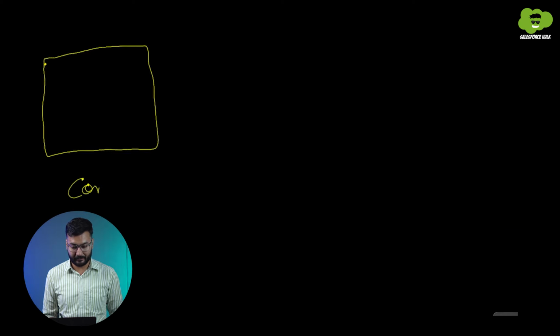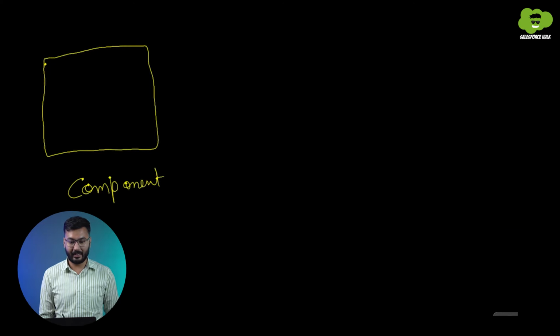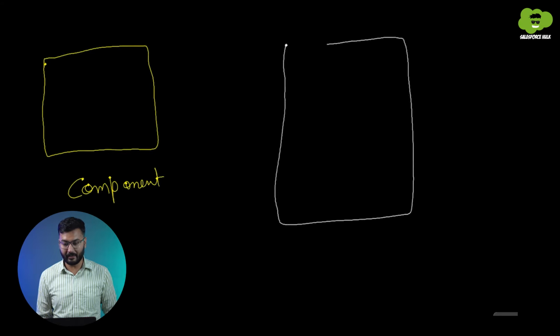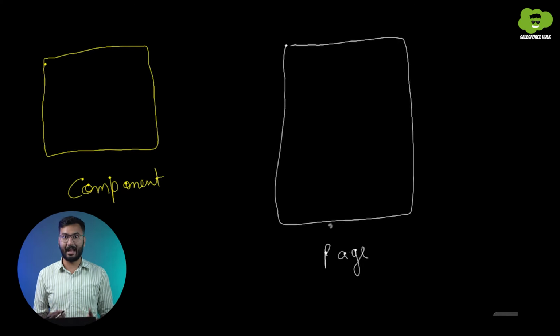Now we'll understand what the different stages or hooks are in the component life cycle in LWC. Okay, so we have a component. This is a component. And let's take another thing: this component we'll be putting in the page. This is a page, a Lightning app page or Lightning builder page, or whatever you want to call it.